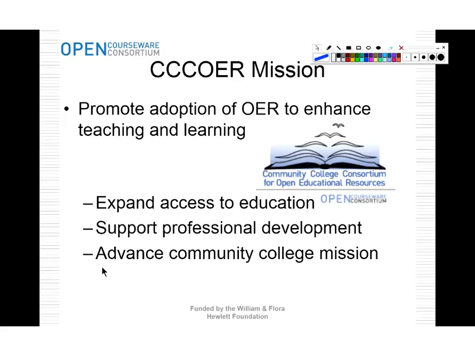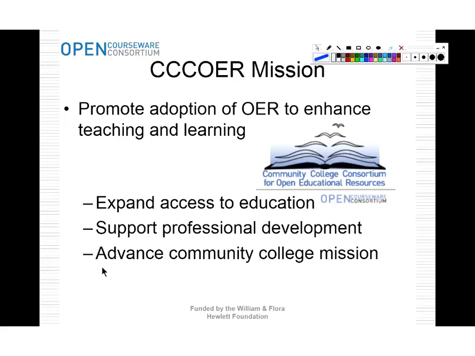And she said, all of this stuff is happening in the open space. Why are community colleges not involved? There are so many positive advantages, not only materials for faculty and encouraging innovation in pedagogy, but of course the obvious one, which is making college more affordable for students. So she was a huge proponent of that.